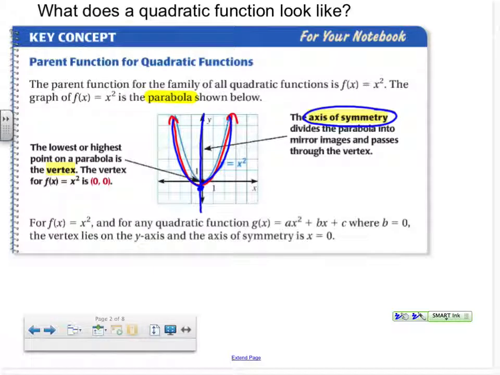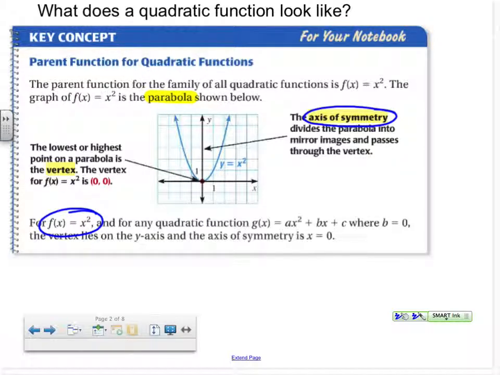Now this middle point that the axis of symmetry goes through, that's called the vertex. Now what you're looking at here is called the parent function. This is the parent function for all quadratics, y equals x squared. And all quadratics have the same basic shape of the parabola, and they all have the same basic formula.